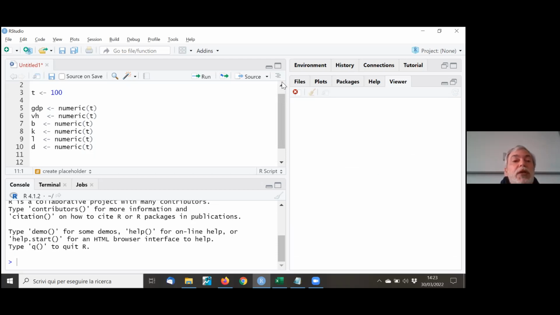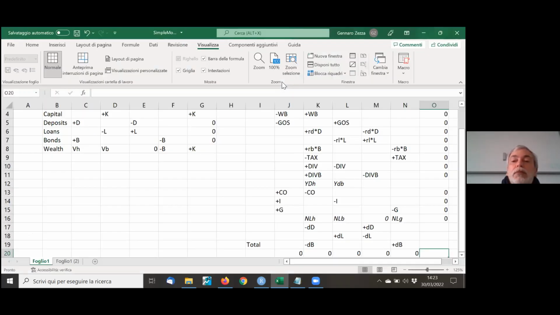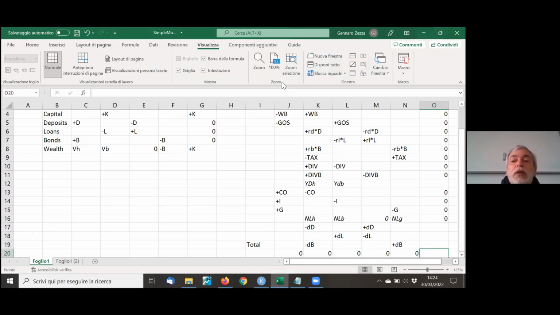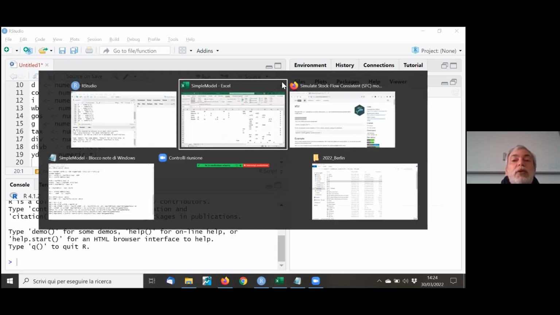So now we want the other flows. We had consumption, investment, the wage bill, profits, or public expenditure, taxes, dividends, bank dividends, disposable income, and did we use anything else?